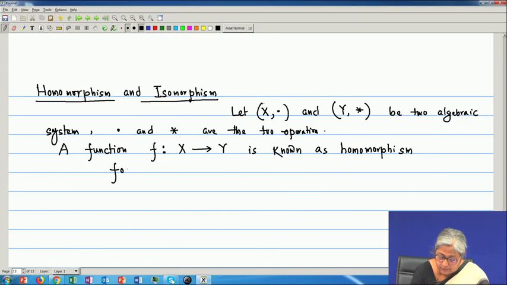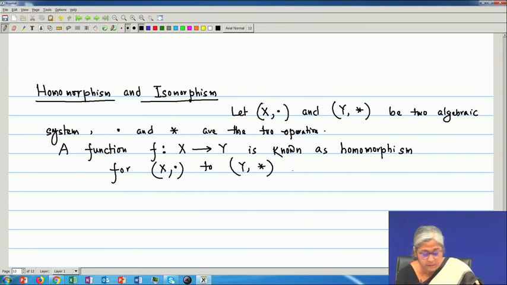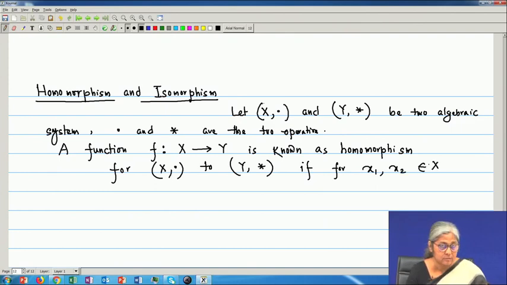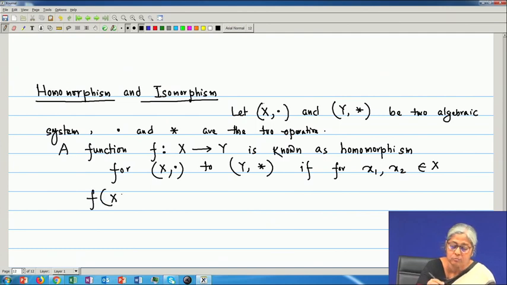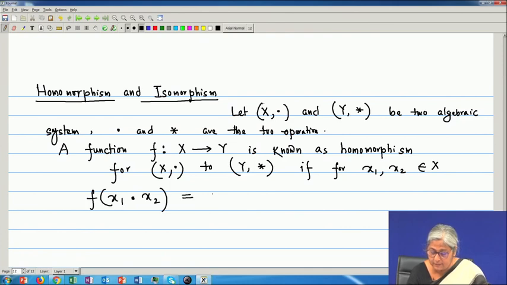we can write f from (x, dot) to (y, star), if for some x1, x2 belonging to x, the property is that f of x1 dot x2, with the operation defined on x, is equal to f of x1 star f of x2, with the operation defined on y.